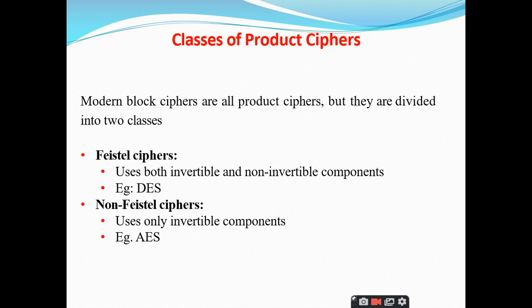From the examination point of view, you may be asked to explain any of the Feistel ciphers that you know, so you can simply explain DES, or you may be asked to explain the non-Feistel ciphers that you have studied, so you can go and explain the concept of AES in such a case. Is it clear up to this point?